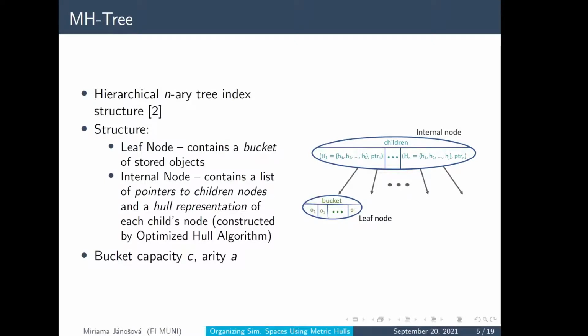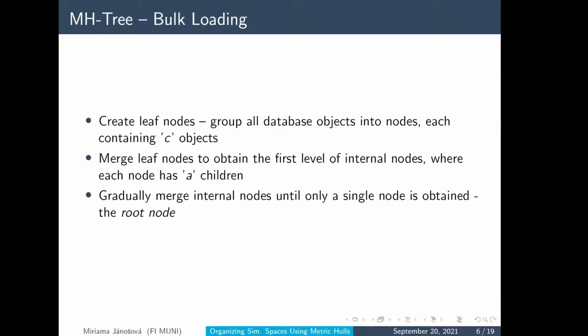We propose creating the MH3 by the bulk loading procedure, which builds the MH3 in a bottom-up manner. Firstly, we group all the database objects into leaf nodes, where each leaf node would contain C objects at maximum.